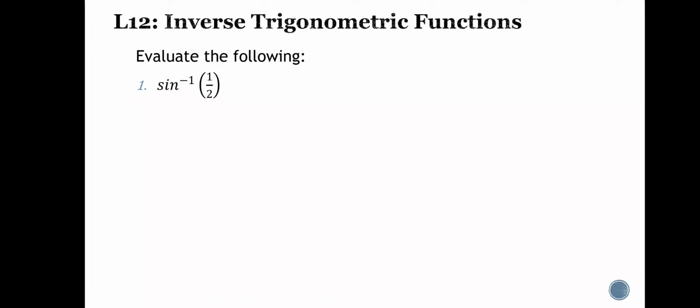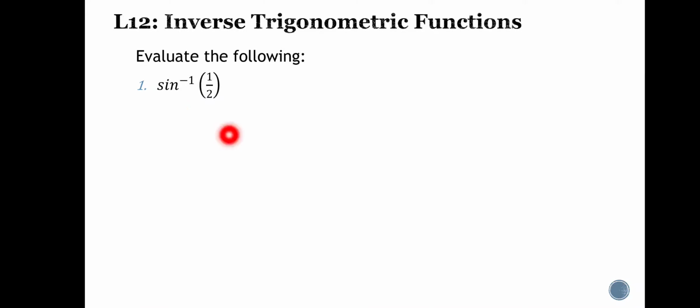Now for trigonometric functions, to find the values of trigonometric functions, what we do is we are given the angle and we will find the value. This time, it's the opposite, the other way around. We are given the value and we will try to find the angle that will give us this certain value.